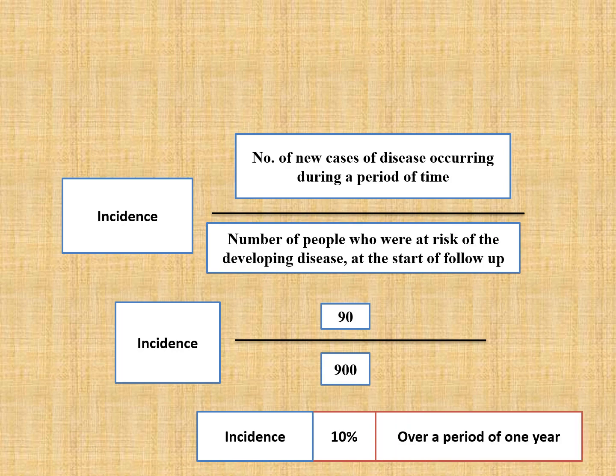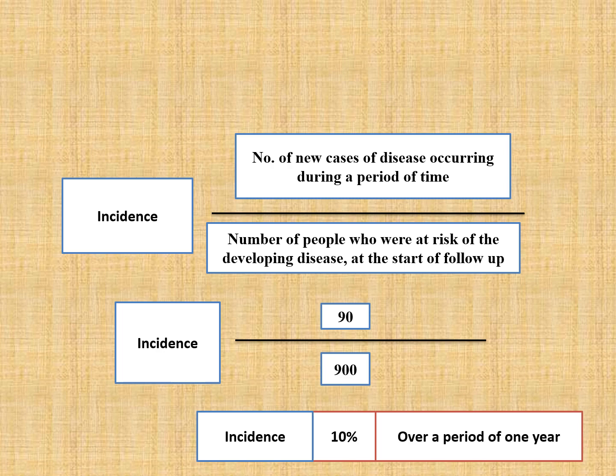Incidence means, on the numerator, the total number of new cases of disease occurring during a period of time, divided by the number of people who were at risk of developing the disease at the start of follow-up. In our hypothetical example, during follow-up 90 children developed the disease. These are the 90 new cases and should be taken on the numerator.